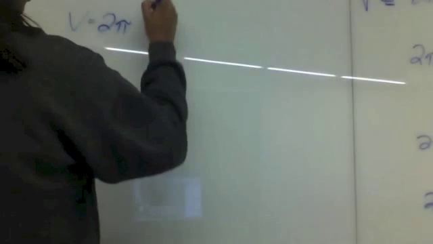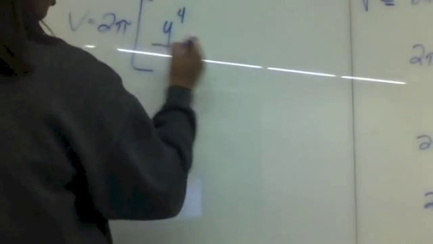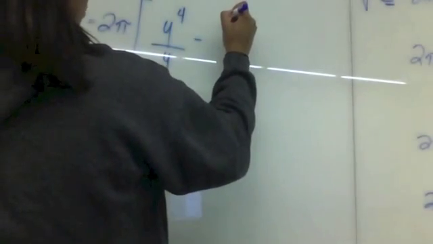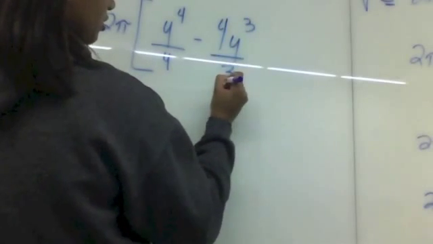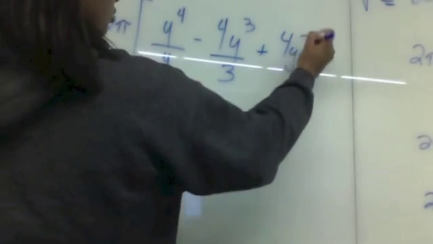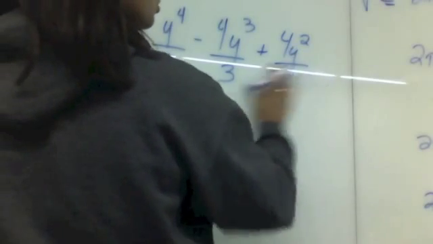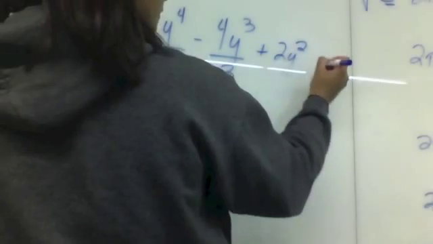So, multiplied by y to the 4th over 4 minus 4y cubed over 3 plus 4y squared over 2, which just becomes 2y squared.